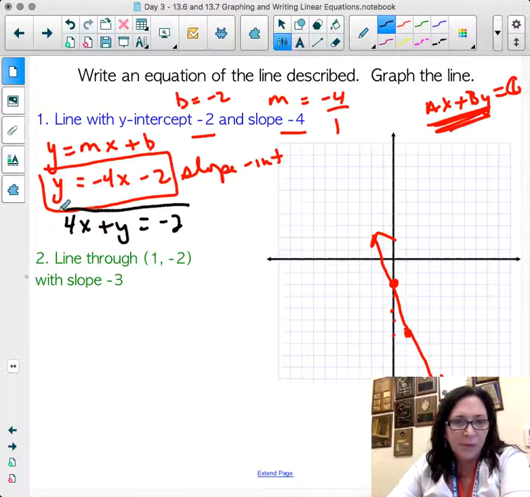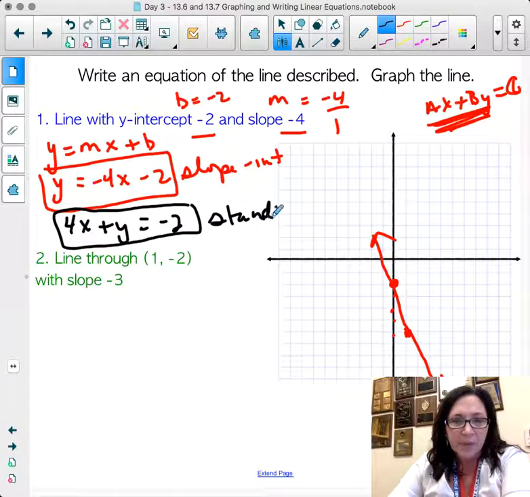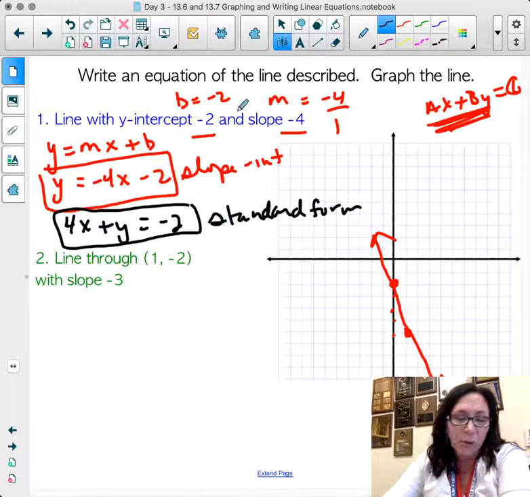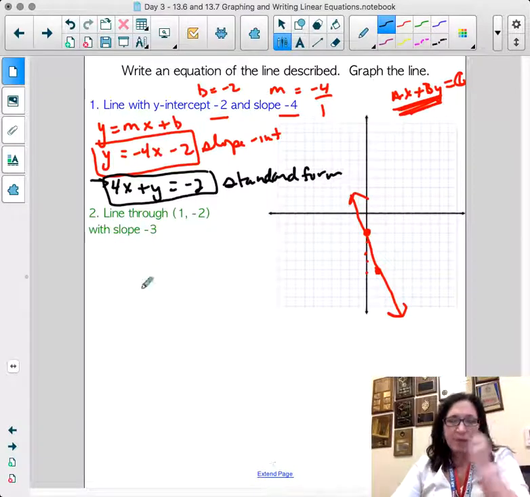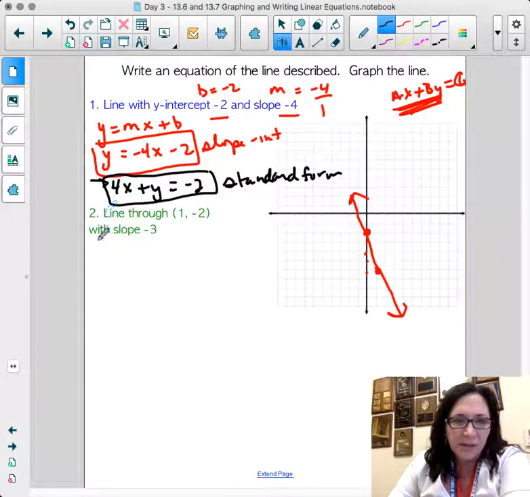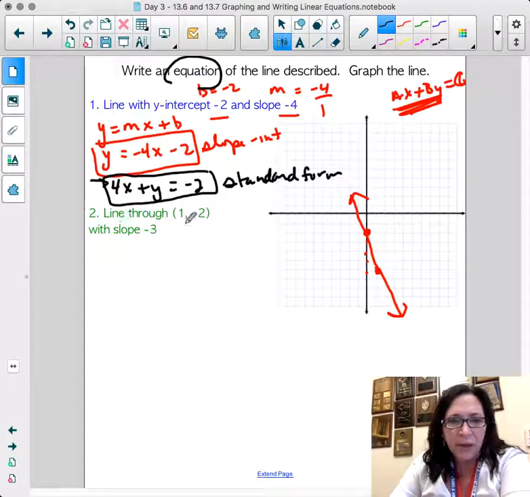And so this is in standard form. Okay, and that's just another option for you to graph, to write the equation. X and y are on the same side, and remember, for standard form, the 4 does need to be a positive integer.